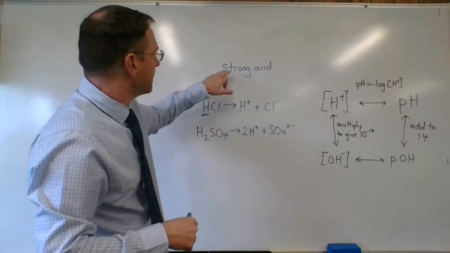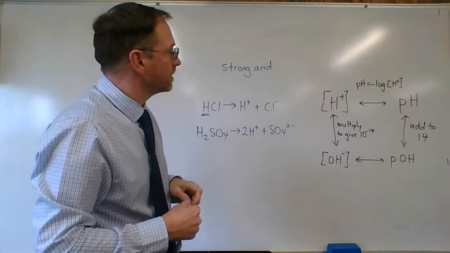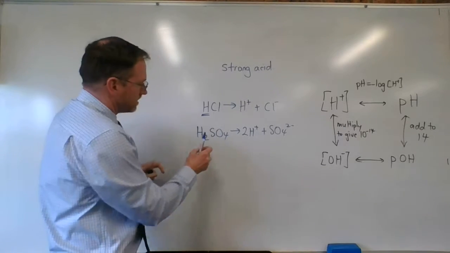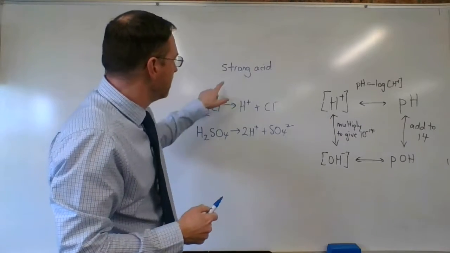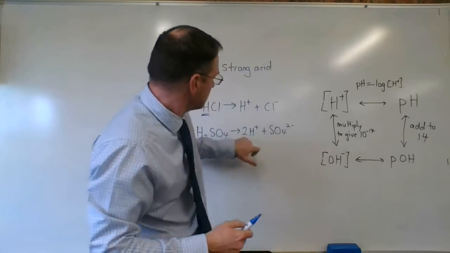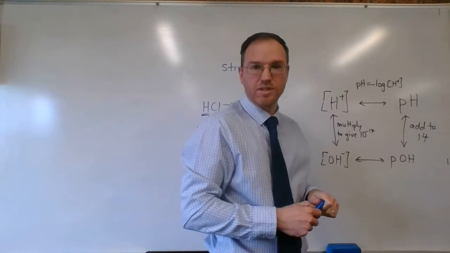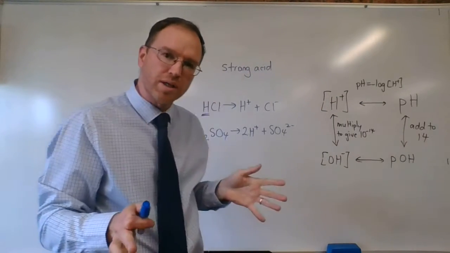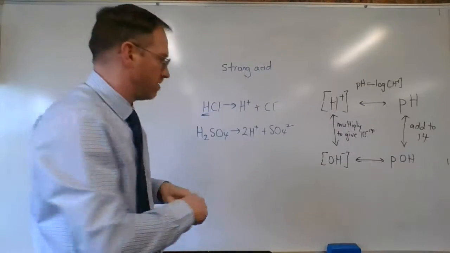So if I was given a diprotic acid that was strong, like sulfuric acid, and I need to work out the pH, all I do is I start with my concentration of my strong diprotic acid. I'm going to have to double it to get the concentration of hydrogen ions, and then I can use my pH formula to get the pH. There's no new calculation there. It's just understanding the concepts of what's going on.